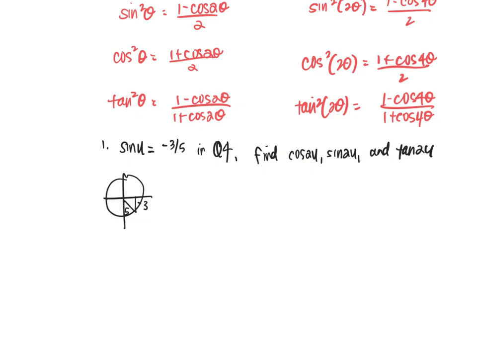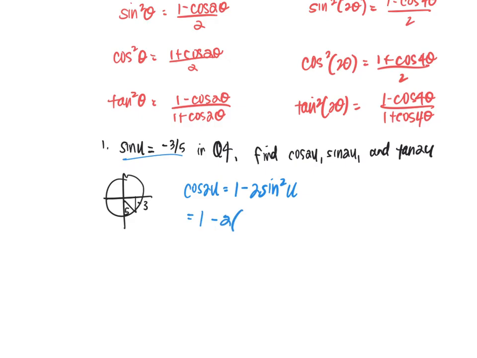And it's in quadrant 4, so we have -3 is the opposite, 5 is the hypotenuse, and then let's work on finding cosine 2u. So this is actually using double angle formula from last section, and we only have sine. So is there a cosine double angle formula that only has sine in it? You can look back if you need, but it is 1 minus 2 sine squared u.